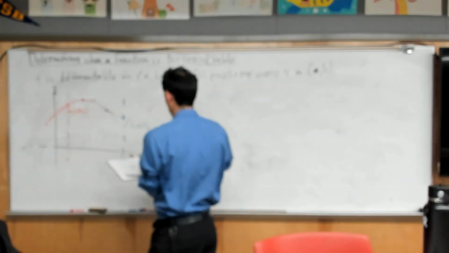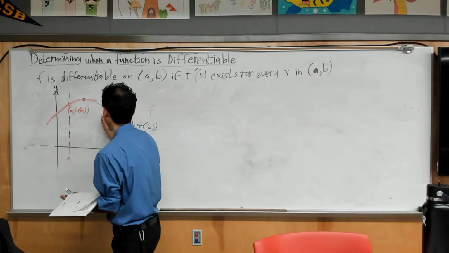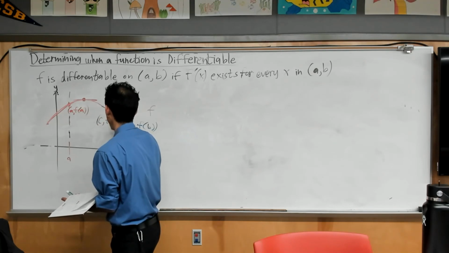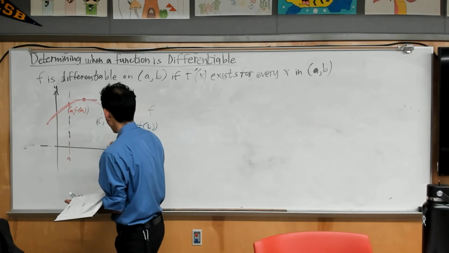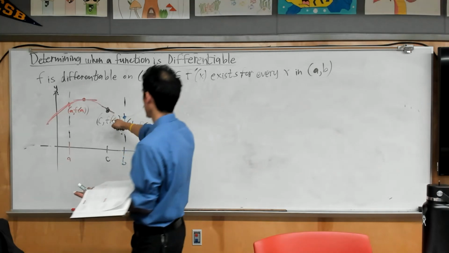So let's take a point c. That's the all-powerful c. How do we know if it's differentiable at that point c?